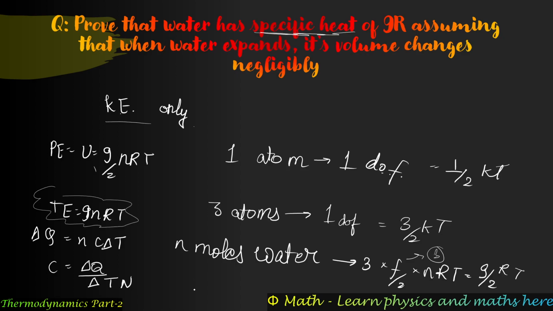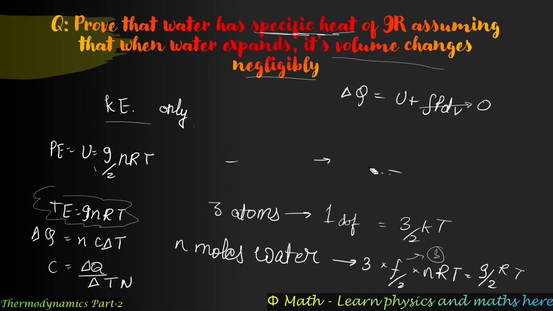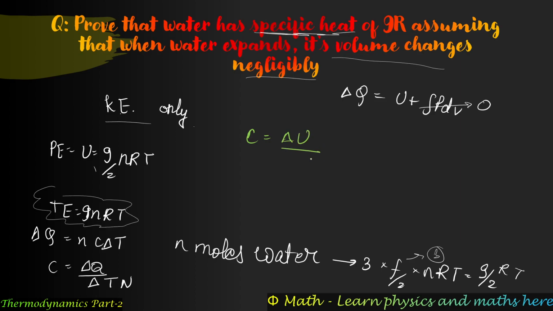So from here delta Q is equal to delta U plus the integral of P dV. Here this is 0 because the change in volume is negligible, which means delta V is equal to 0. So delta Q is equal to U, and we can easily say that C is equal to delta U, or U simply, divided by n delta T.